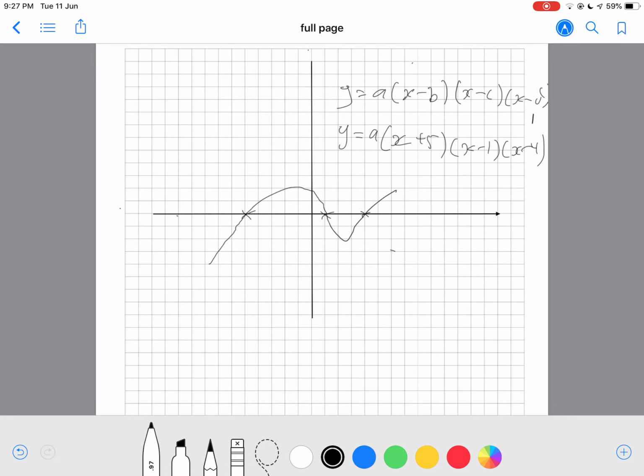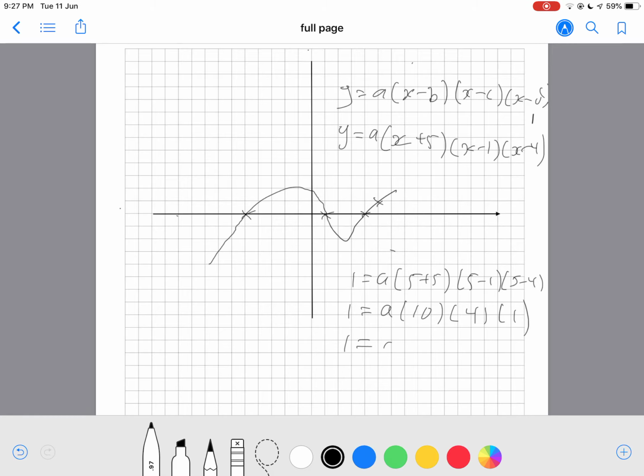We'll substitute one random point to find our a value. We'll say this point here is 5, 1. So 1 equals a, (5 plus 5), (5 minus 1), (5 minus 4). 1 equals a times 10, 4, and 1.